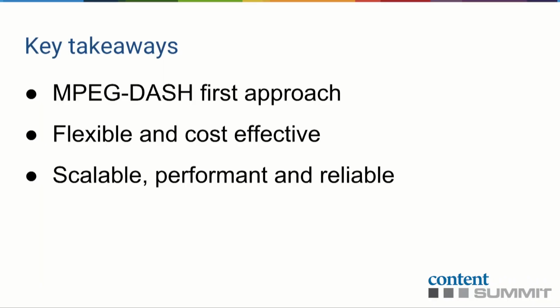Key takeaways: we wanted to go with the MPEG-DASH first approach, which paid off because last year Apple announced that they would support fragmented MP4 and M3U8, and we enabled that right away. It didn't take us more than a week to deploy.